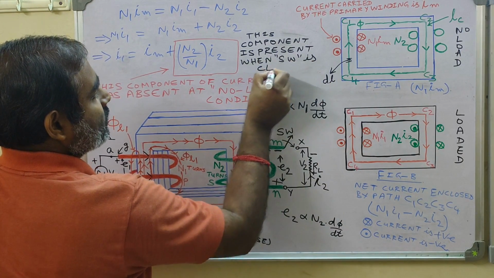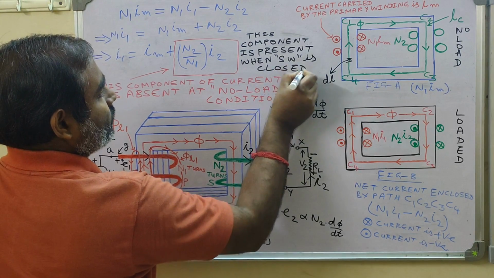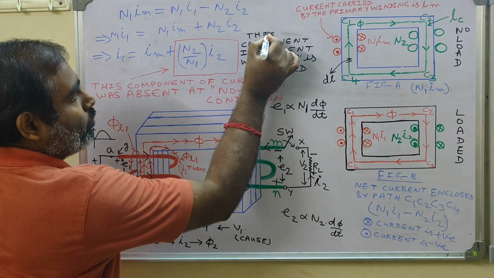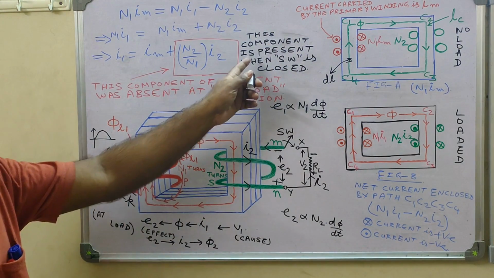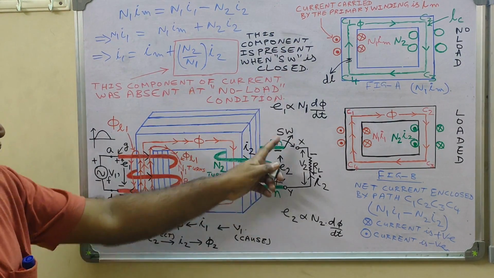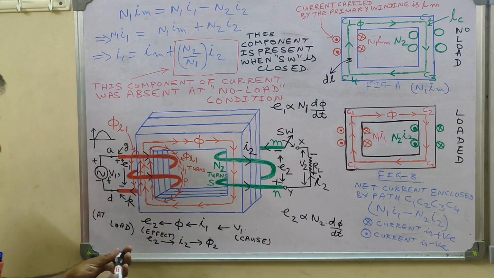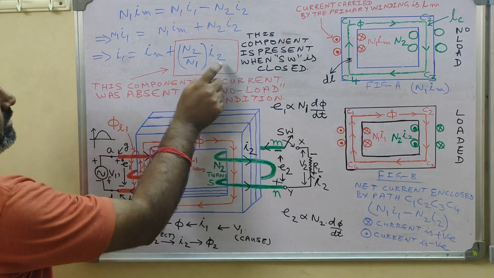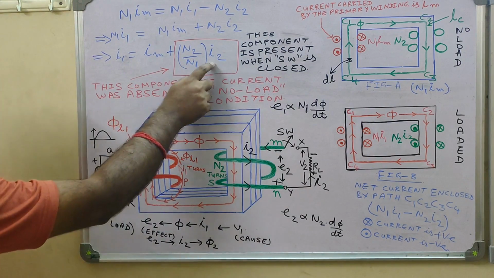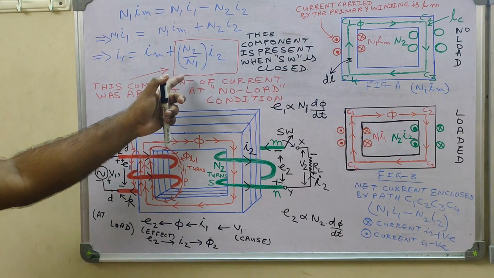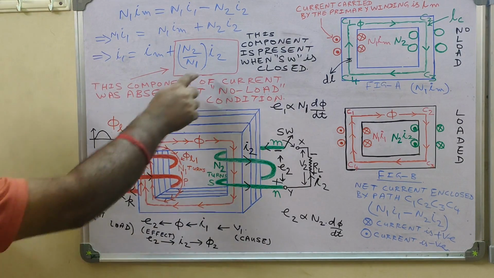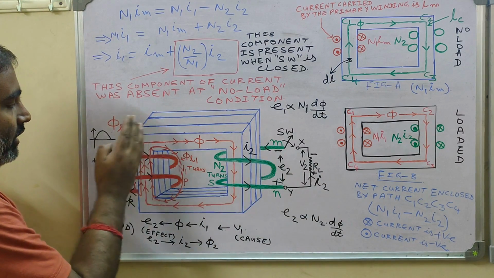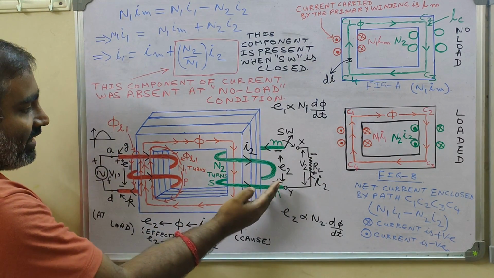It will give you a physical picture that this component of current is present when SW is closed. This is the switch SW. So when the switch SW is closed, then only this component is present. This component of current, given by N2 by N1 into I2, is sometimes referred to as the secondary current reflected on the primary side.